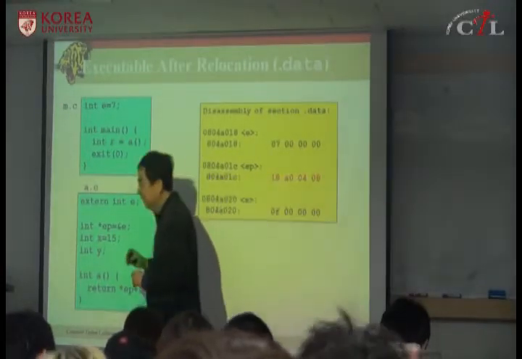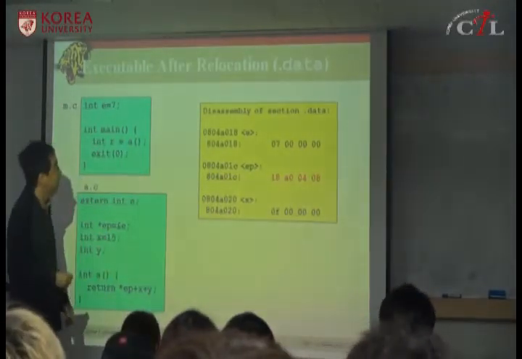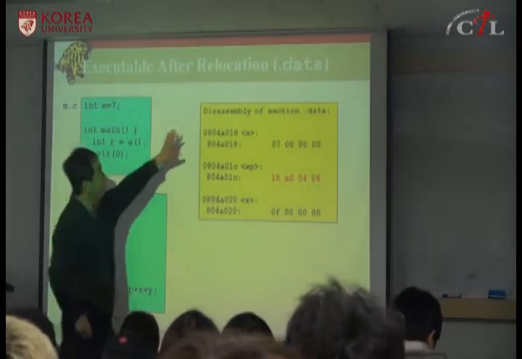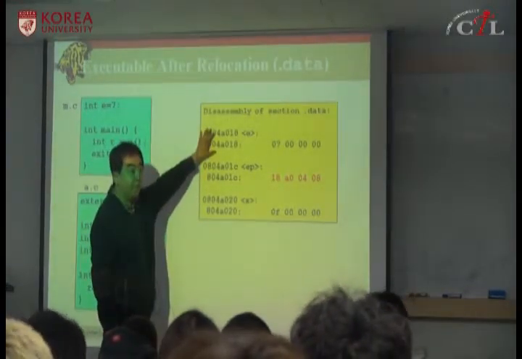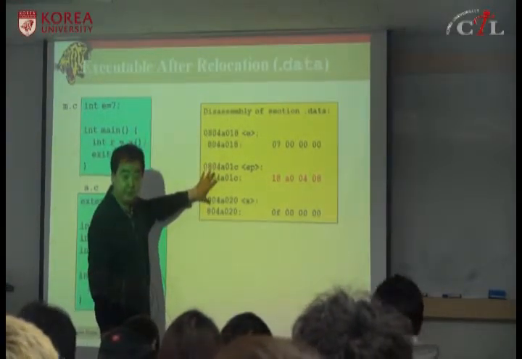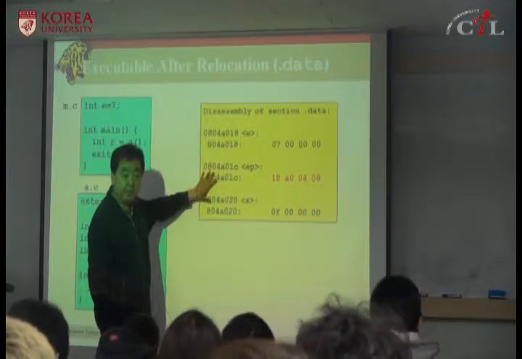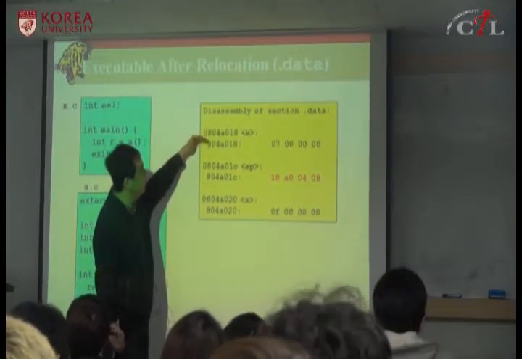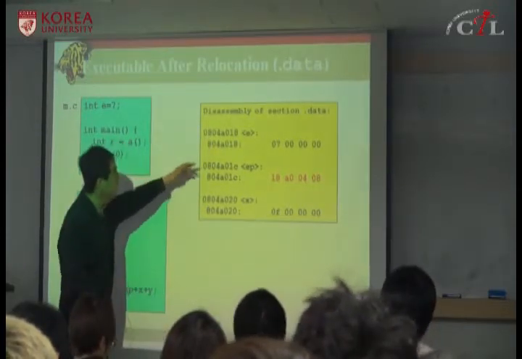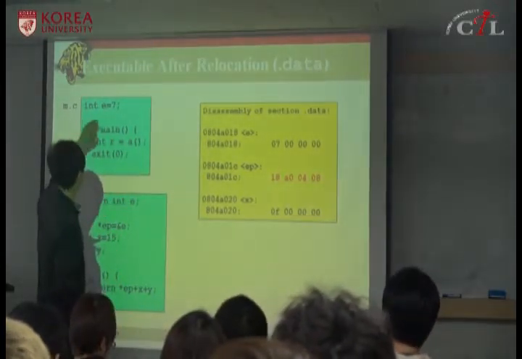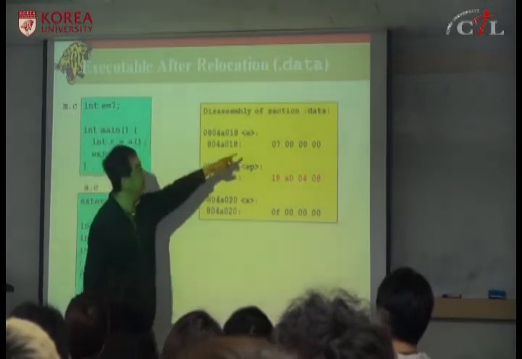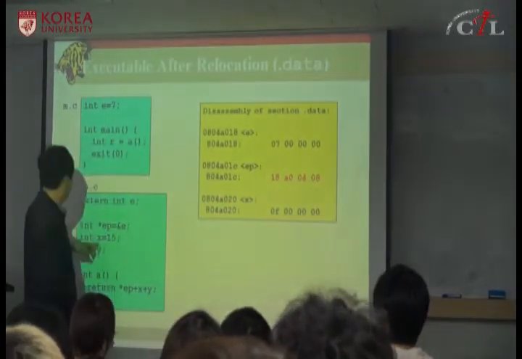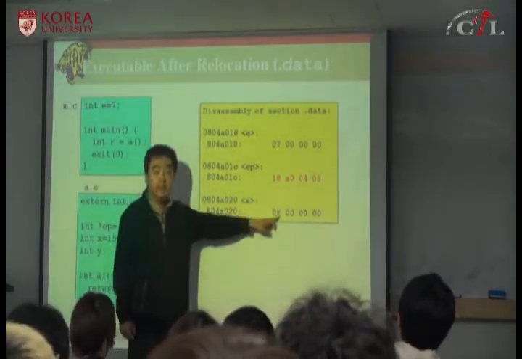The data segment. So this is from M.O, and these two symbols are from A.O. They allocate starting from this address, and E, the initial value is 7, so they put 7. X, the initial value is 15, so they put 15.